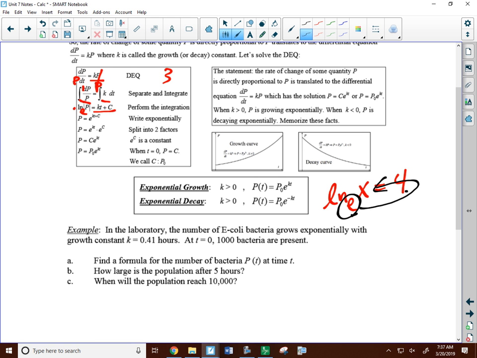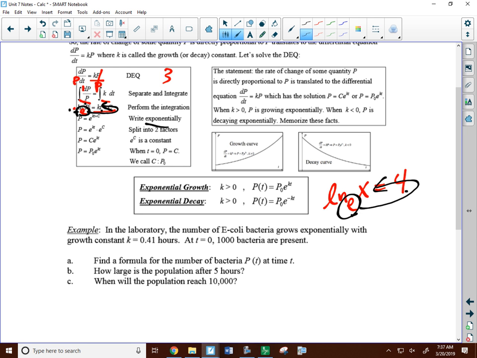That's what they do here. E to this power, kt plus c, equals what's left over there, the p. That's how they get from that step. They're just changing forms, so they write it in exponential form.